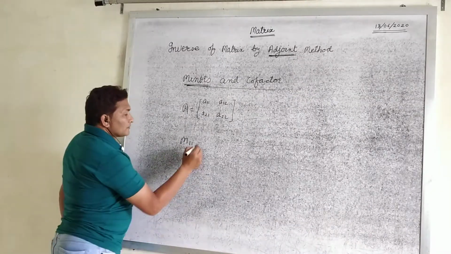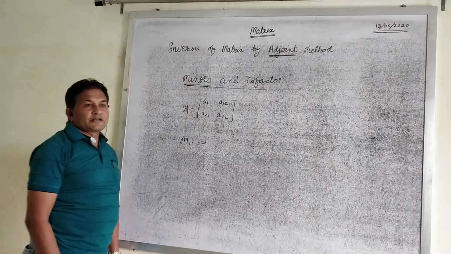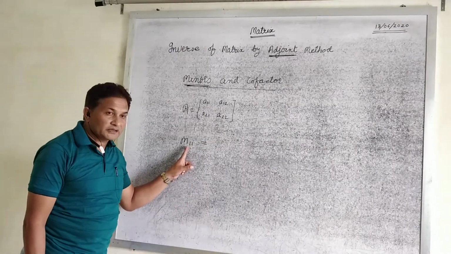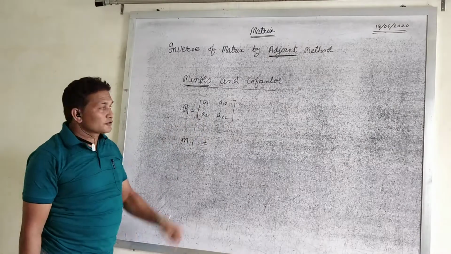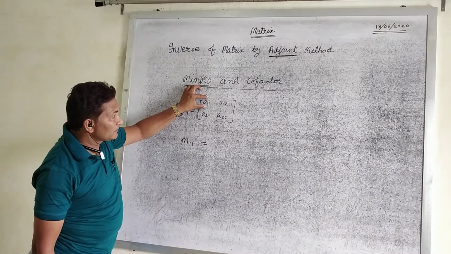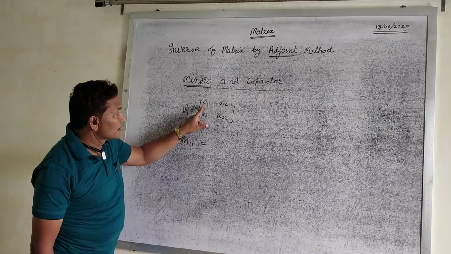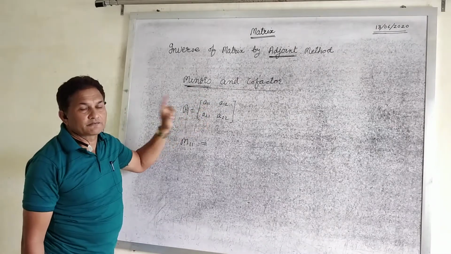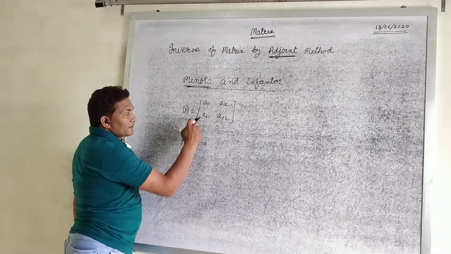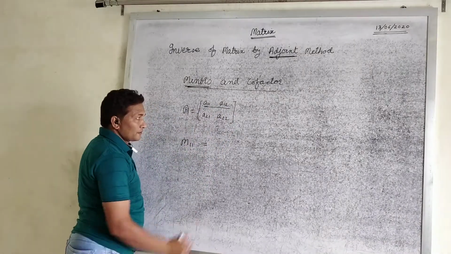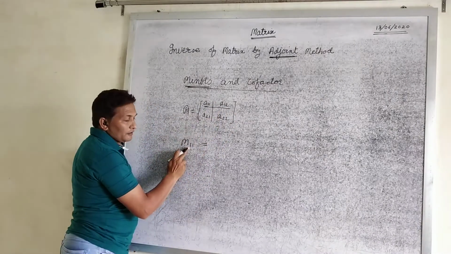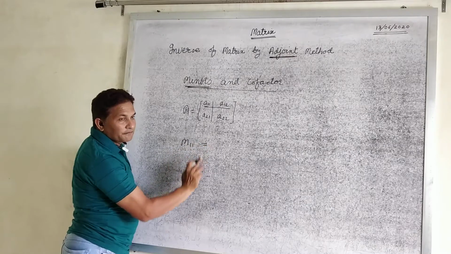To find M11 for the element A11, we have to leave the elements in the row and column of the element A11. So for M11 we leave the first row and first column elements.